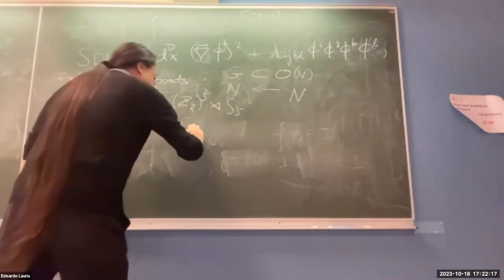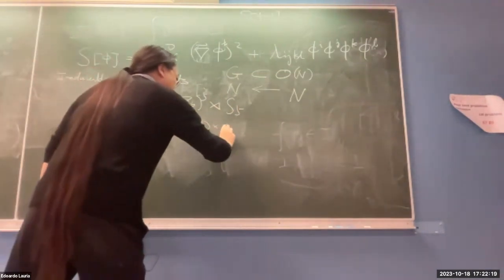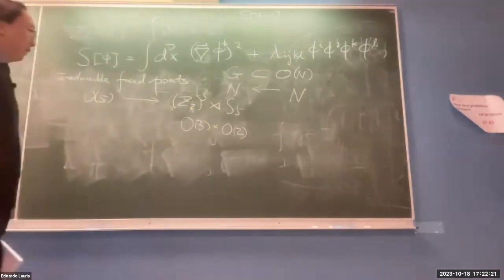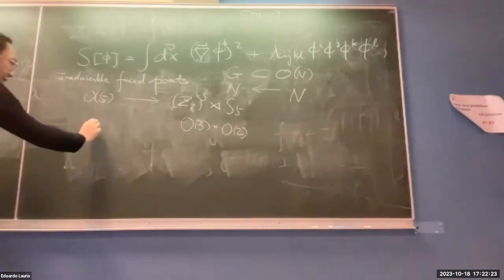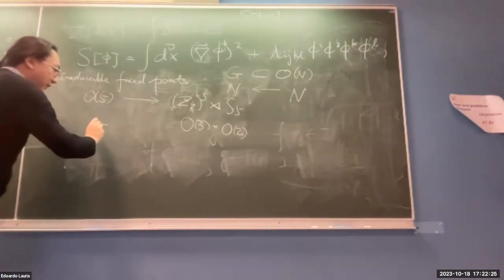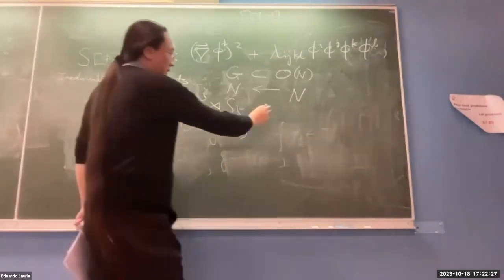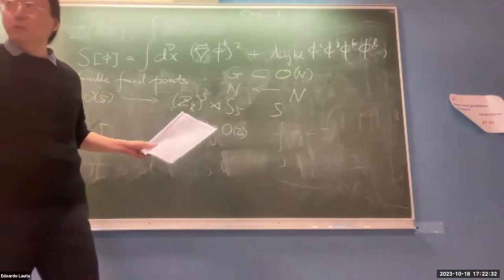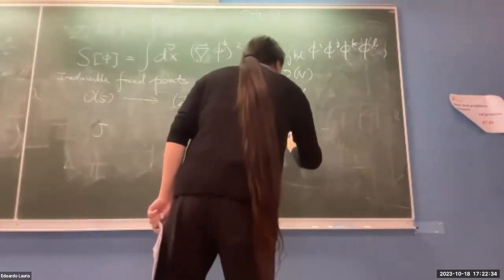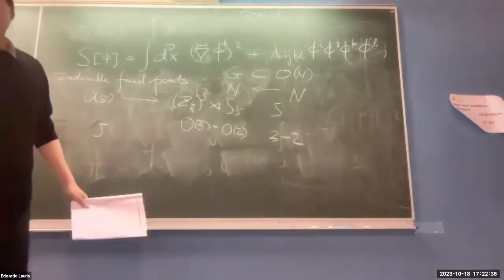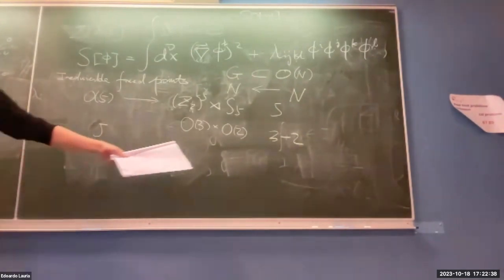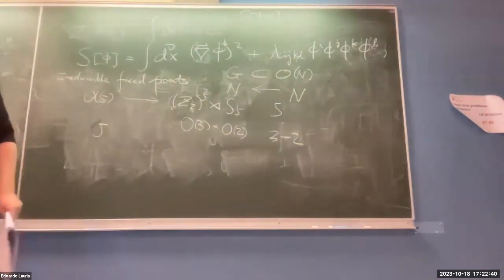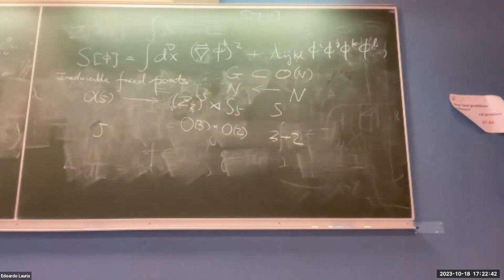Another group to consider is O3 times O2. The 5-dimensional representation in the cubic one is still 5-dimensional, so this is an irreducible subgroup. And the other one would be 3 plus 2, so I don't care about that one for the moment.